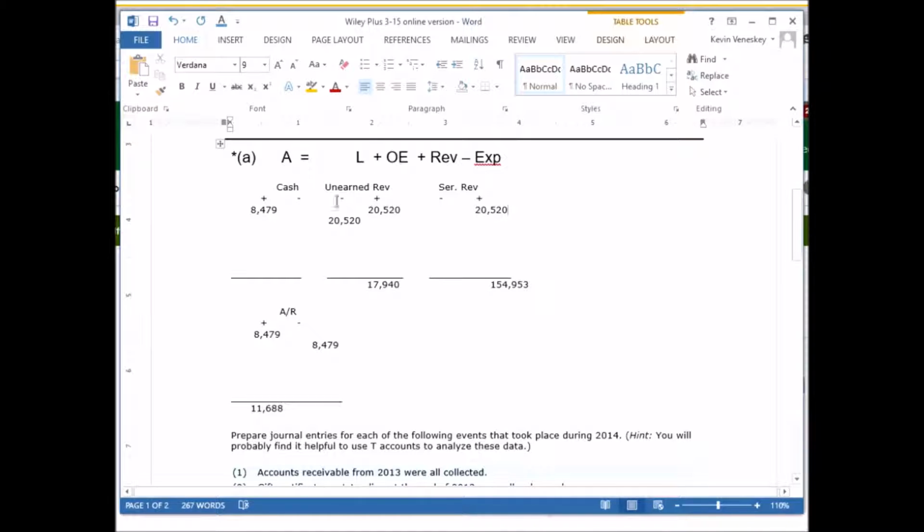Basically, what did the business get? We got a reduction of our liability. Why did I get a reduction? Because I actually did the service. And out to the side, I'm just going to put in parentheses, this was 2013 gift cards. You'll see why I'm doing that in just a second.